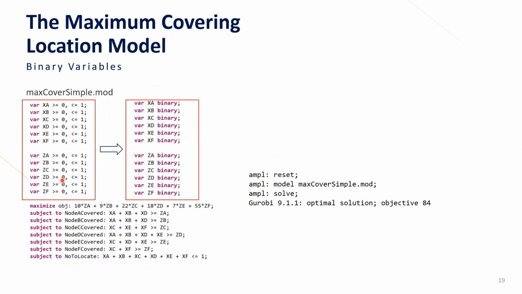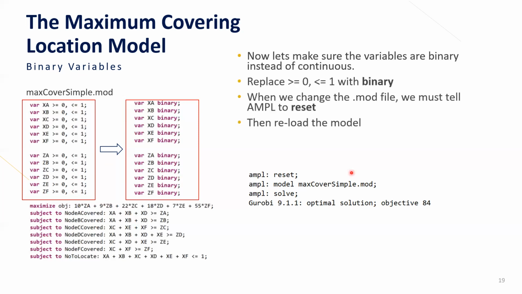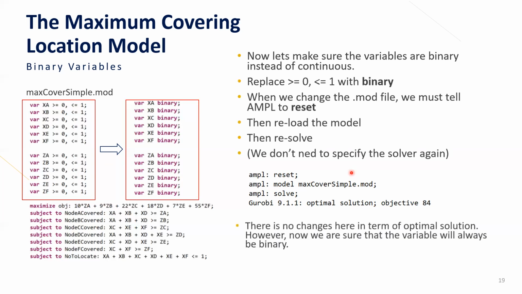For this example there is no difference because the objective value of the previous result is already binary, so it has no effect. But again, the correct way to define binary variables should be on the right side here.